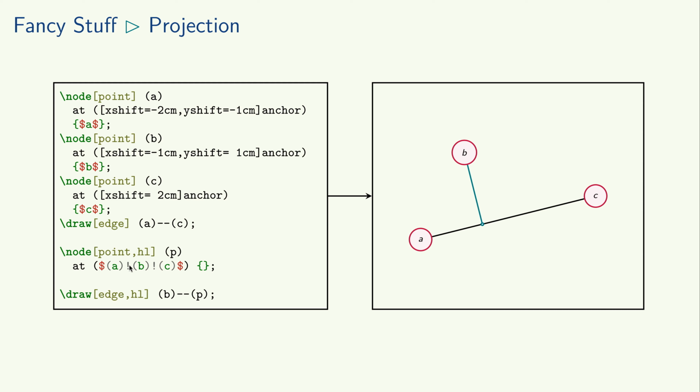And this notation with a triple quote or double exclamation mark with 3 nodes separated by exclamation marks, that is our way of telling TikZ to project B into the line between A and C. And that gives us this position, P. It also allows us to draw a line from B to P.